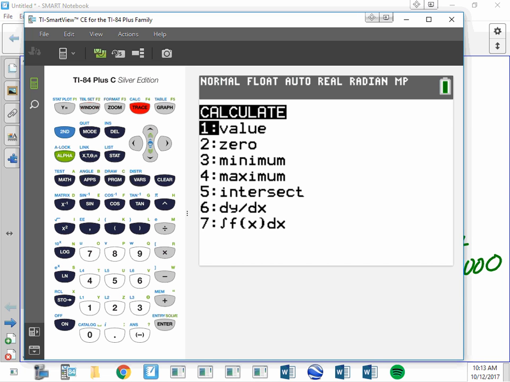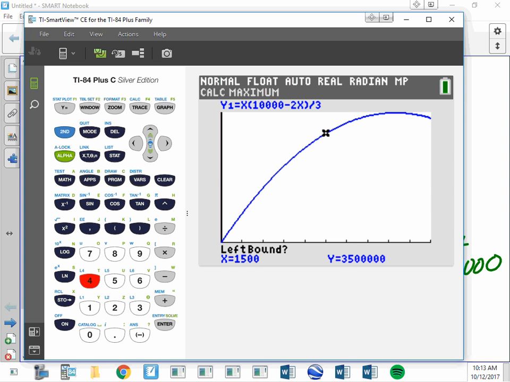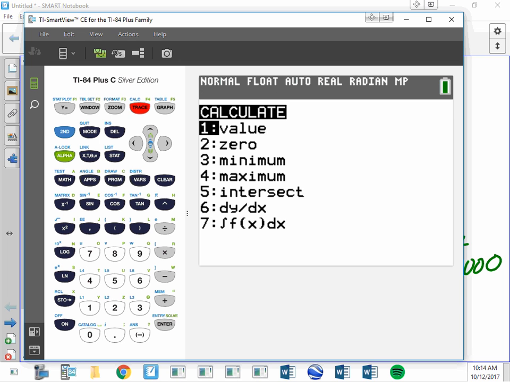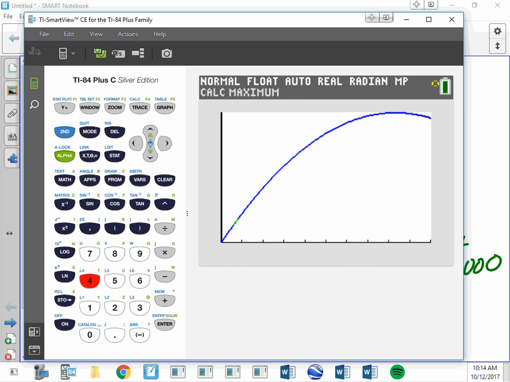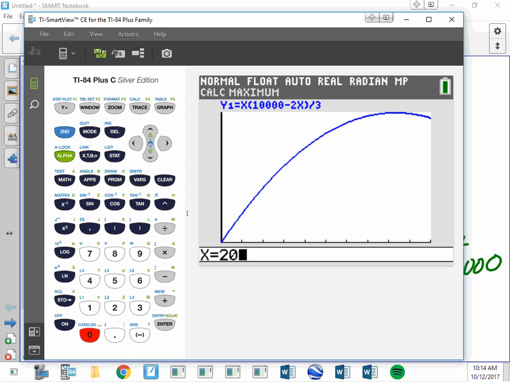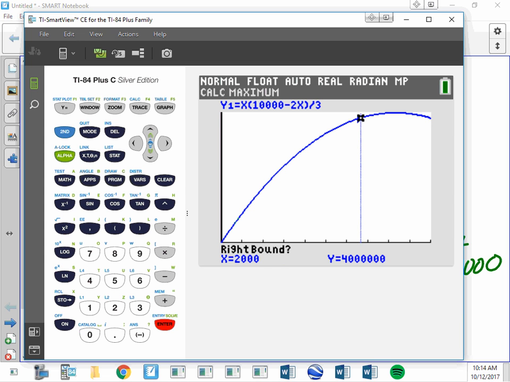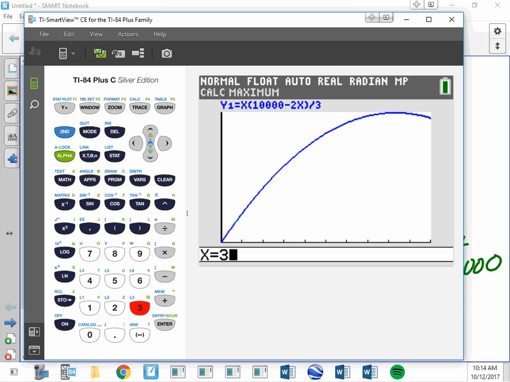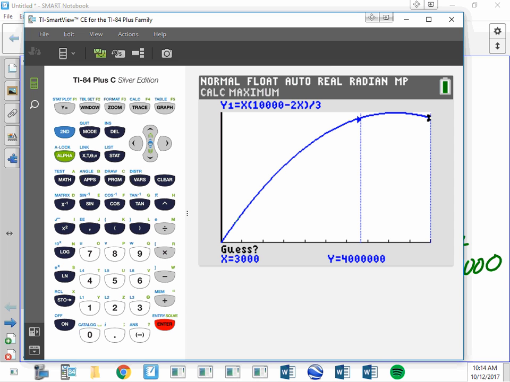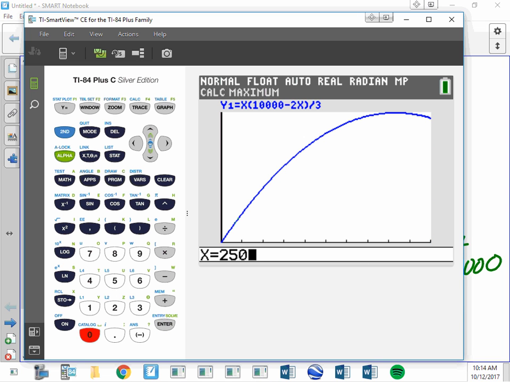Second calc, maximum. I'm going to guess maybe 2,000 for my left bound. So maximum 2,000 as a left bound. And then maybe 3,000 as my right bound. And my guess, I'll say 2,500.